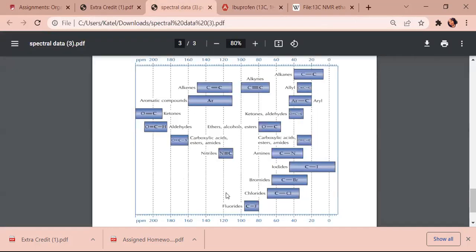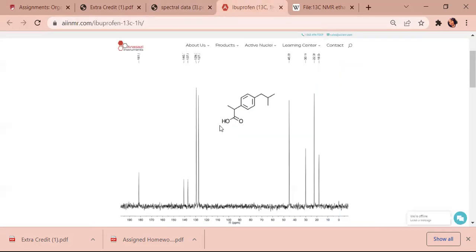We can pull it up on our spectral data. So if you look right around the 180 mark, that's going to be a carboxylic acid, an ester, or an amide. Luckily, we don't have a nitrogen in there, so we know that it's not an amide, and we know it's not an ester because it's OH, and esters are more OR.